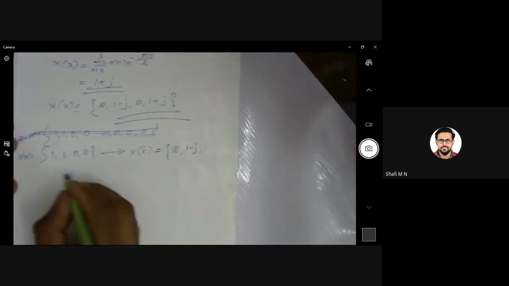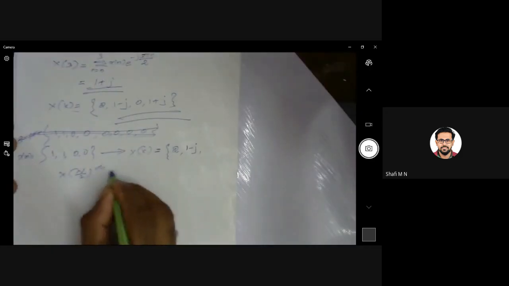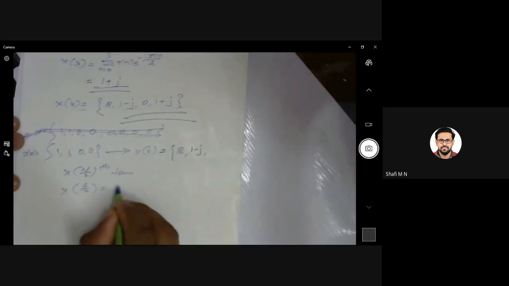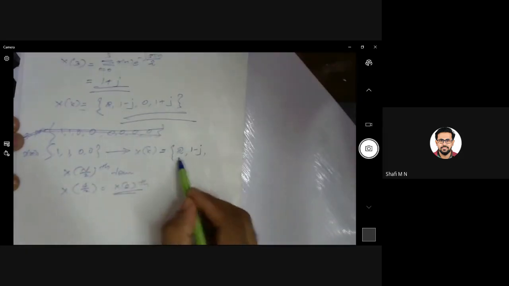Now the third term, or specifically x of n by 2th term. We have a shortcut for this. X of n by 2th term. And in our case, that is x of 4 by 2. Okay, that is x of 2. So this is x of 0, x of 1 and x of 2.